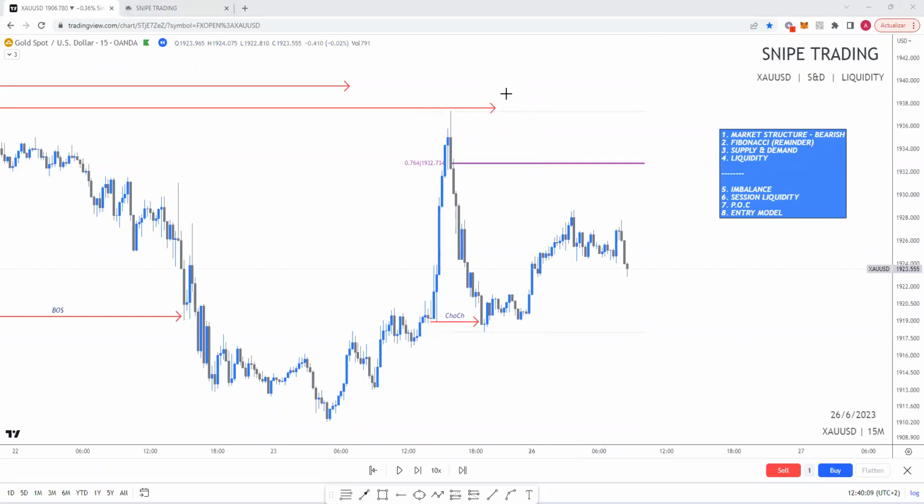So Fib, yes, by using Fib. And by using Fib, we are always trading the best discounted prices, okay? Or premium prices. Exactly, discount and premium. Exactly, premium and discount was pretty much what I was looking for, okay?